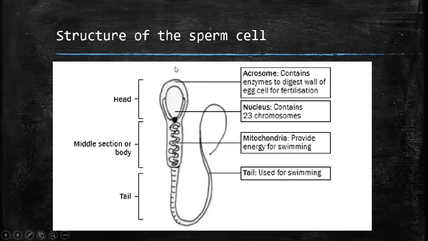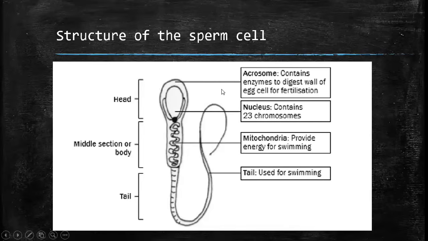And then what I have forgotten to explain to you guys is the tip of the head here. This tip of the head is what we call the acrosome. This acrosome contains particular enzymes that are important for digesting the wall of an egg cell for fertilization to occur. Or in simple terms, it contains enzymes that make it able to penetrate into the egg cell for fertilization to occur.